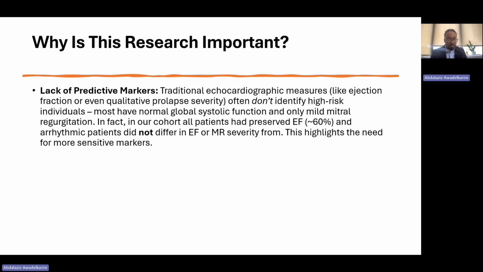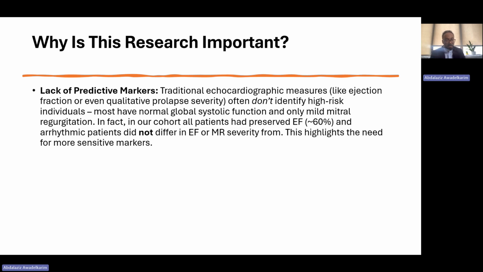And as you know, echocardiography is available, and it's the cheapest way of cardiac imaging. So if we can get answers from echocardiography on which patients have increased risk of arrhythmia versus not, then that's a huge deal and cutting edge research that we can add to the literature.